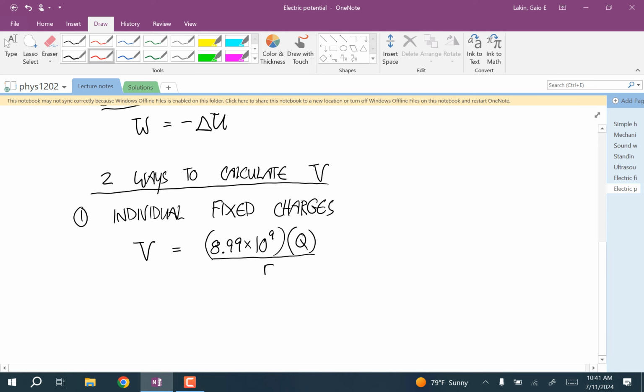The differences are that this Q now isn't an absolute value. So if you have a negative fixed charge, you put that negative into this expression. And the other change is that R is linear, it's not squared.